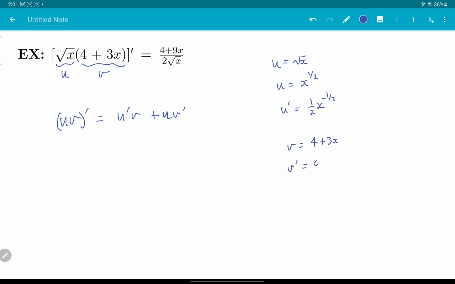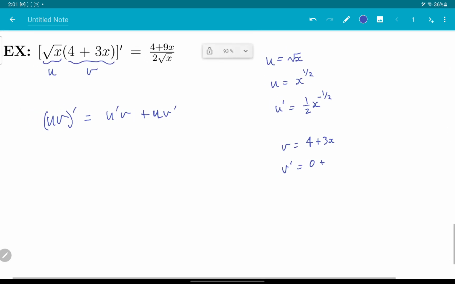So v prime is going to be 0 plus, well, here we have a kind of interesting case, 3x. I suppose you could use the power rule. You could say that it's like x to the 1. When I differentiate that, I get 1x to the 0, which would be 1.